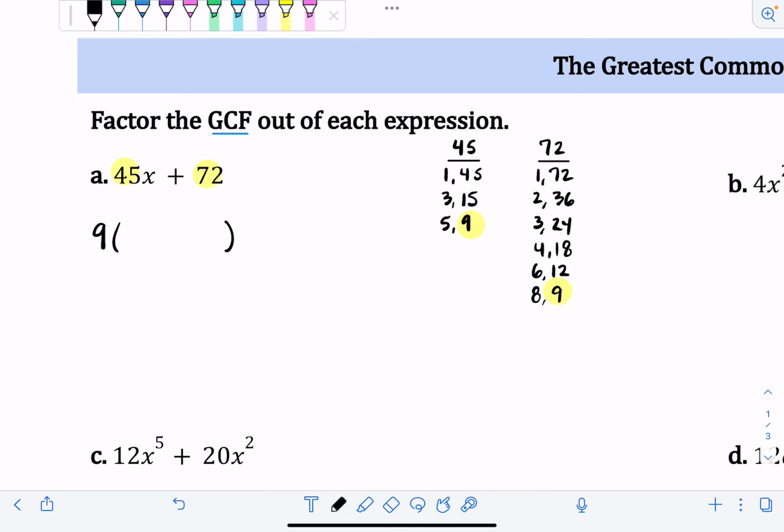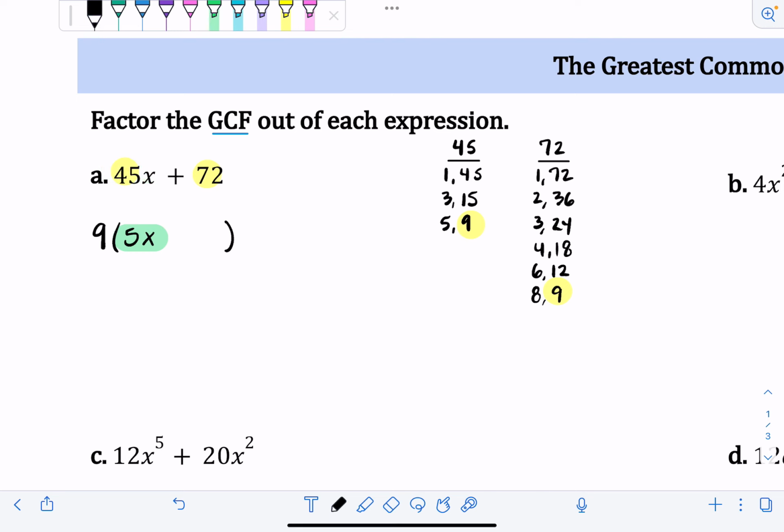So I can think, okay, if I was going to work backwards and undo my problem, I would do 9 times whatever I'm about to put here. And 9 times whatever I'm about to put there should bring me back to 45x. Well, I'd have to multiply 9 times 5 to change it to a 45, and then I would have to multiply an x to get this x.